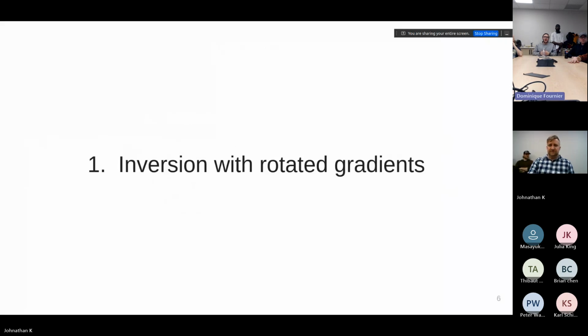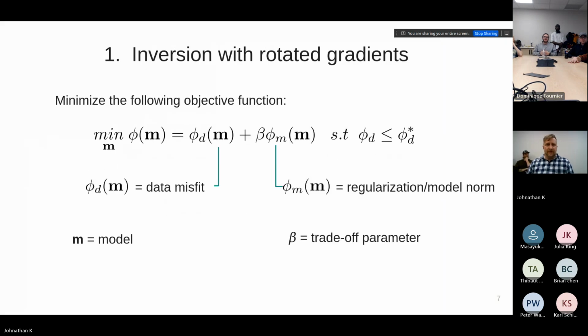So first, the inversion with rotated gradients. In geophysical inversion, we usually have an objective function where we're minimizing a data misfit and a model norm, or regularization. It takes in our model vector, and then we have a beta, our trade-off parameter for our regularization, how much we want to actually add.